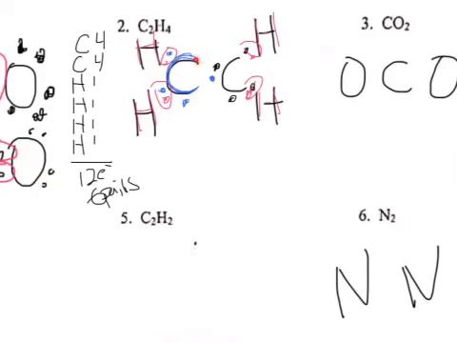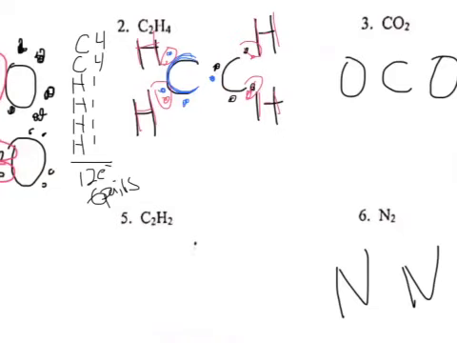So carbon has 1, 2, 3, 4, 5, 6, 7. Alright, so it looks like it's close, but similarly to the oxygens, they shared 1 electron each between them, and they feel like they have 7, so it's pretty obvious that these 2 carbons are going to share these extra electrons and bring them in here.